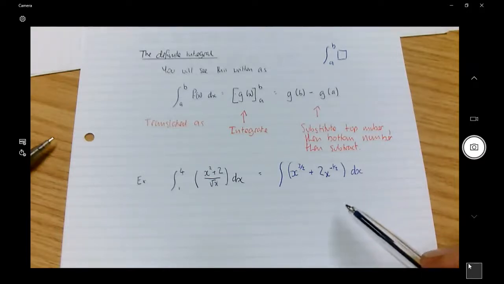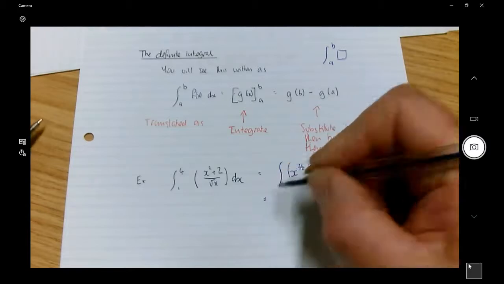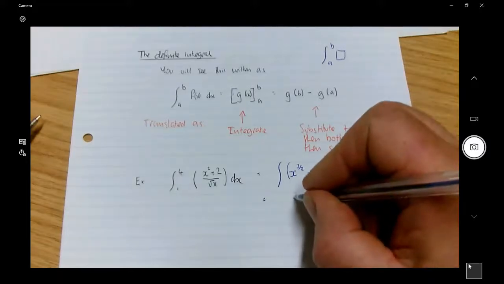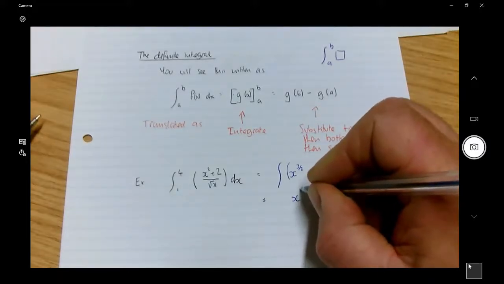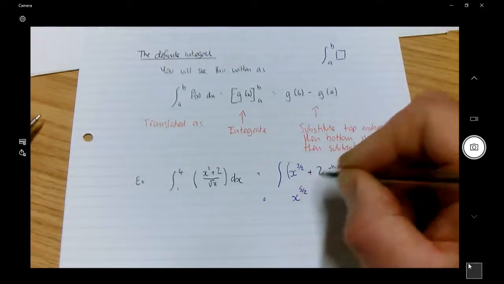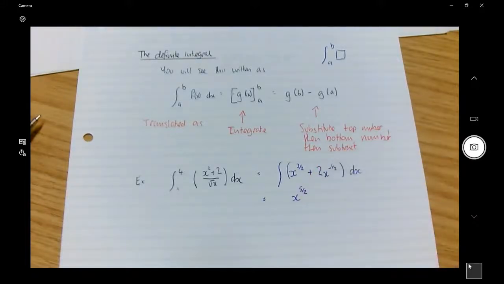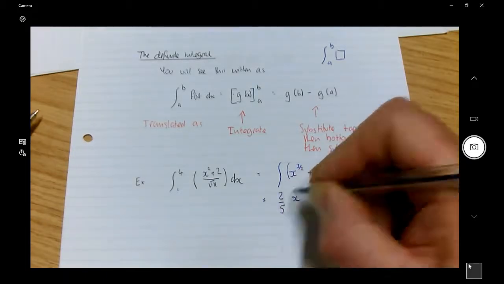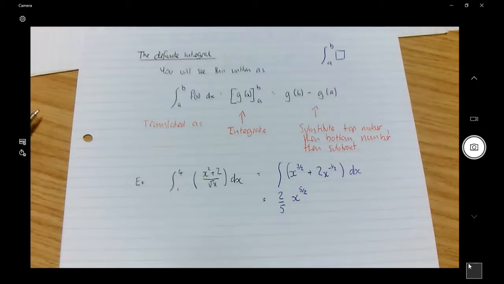Now we integrate. Now, very common errors here. Again, the fractions, we don't like fractions, you never have. Well, increase the power by 1, x to the power of 5 over 2, and then divide by 5 over 2. Well, to divide by 5 over 2, you multiply by 2 over 5. So it's 2 over 5.